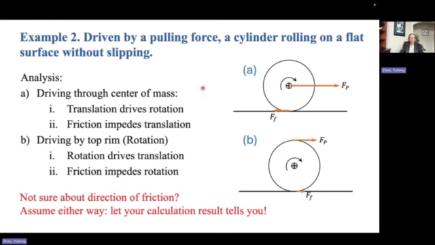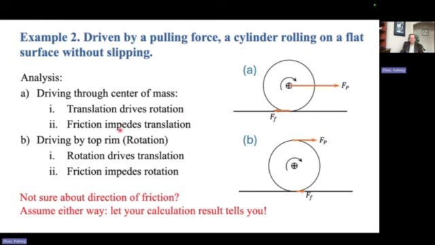for the rotation. So here the analysis is like this: the motion is driven by a pulling force that is passing through the center of mass, which is the rotational axis. That's why it doesn't cause any rotational torque here. So the translation drives the rotation. In this case, the translation really drives the rotation.